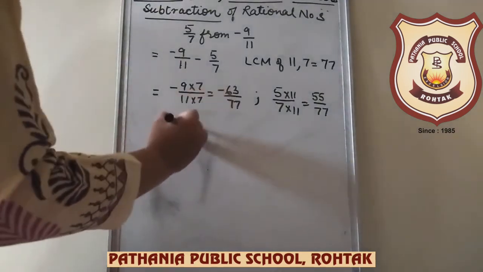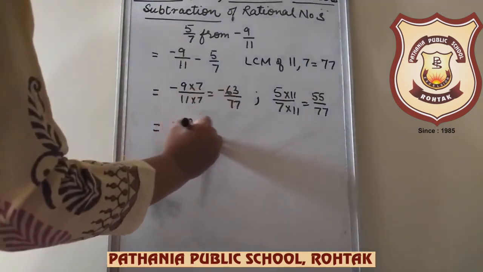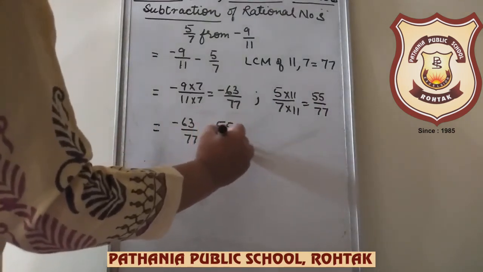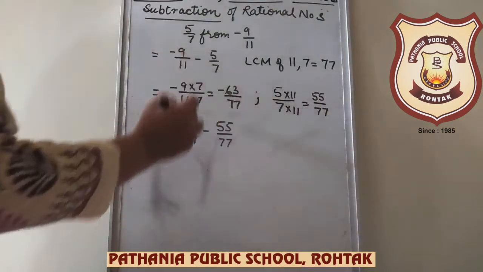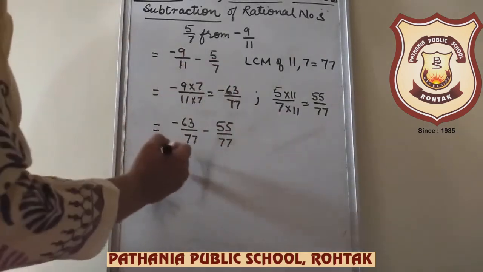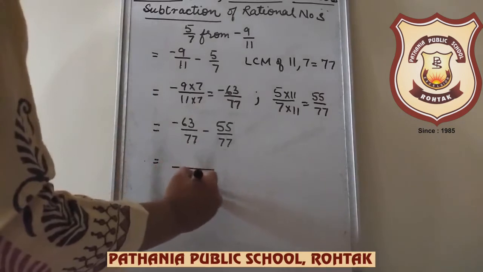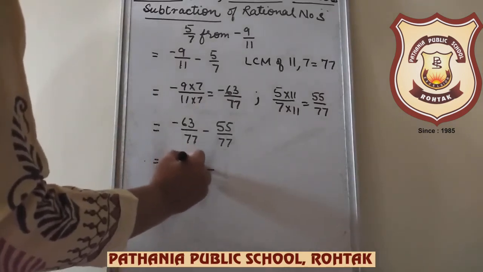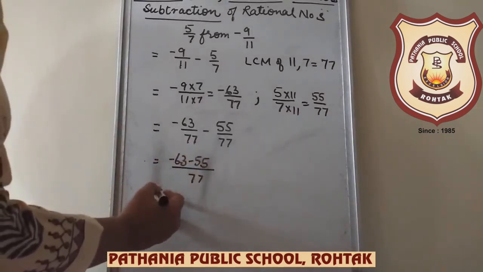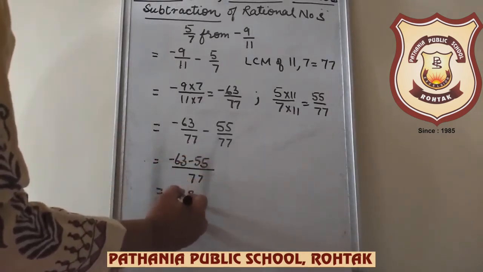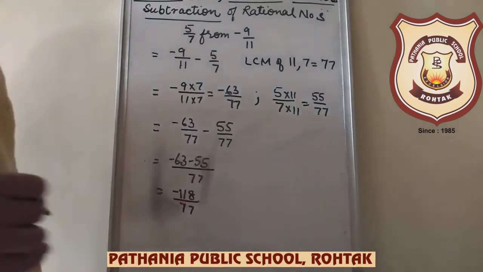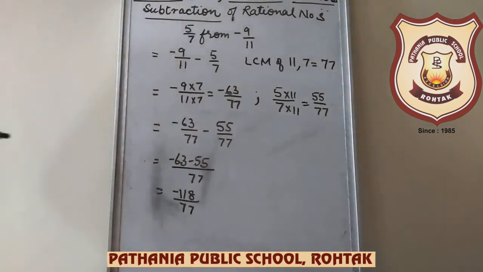Now minus 63 upon 77 minus 55 upon 77. You have put the equivalent fraction for each with denominator 77. Now minus 63 and minus 55 both are like integers, so they will be added. So minus 118 upon 77 is the answer.